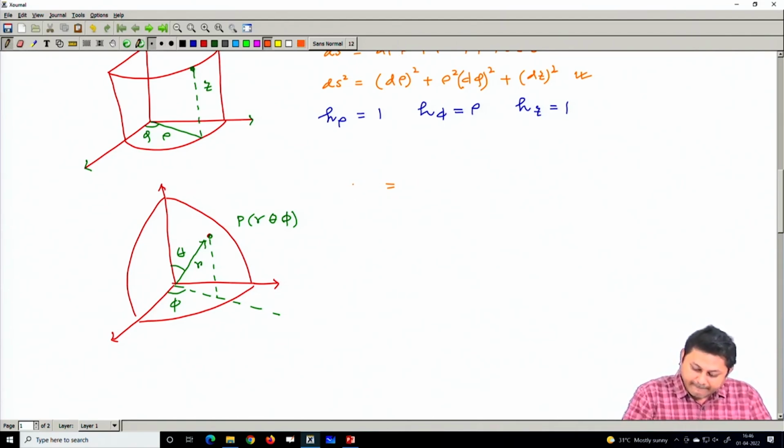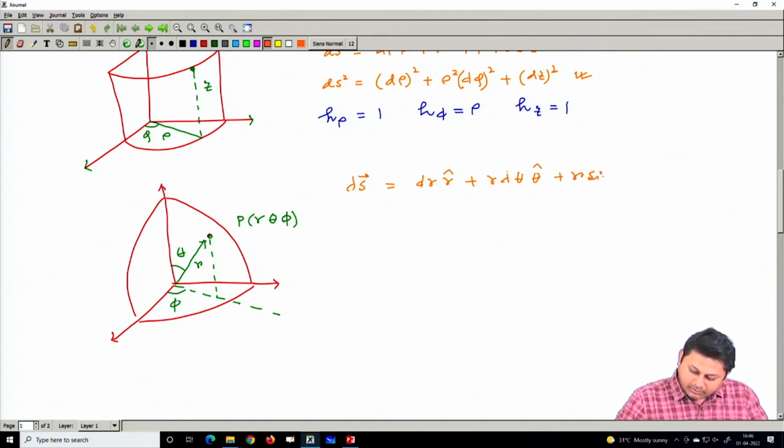So, ds. This value if I write, it is dr r unit vector plus r d theta theta unit vector and r sin theta d phi phi unit vector.